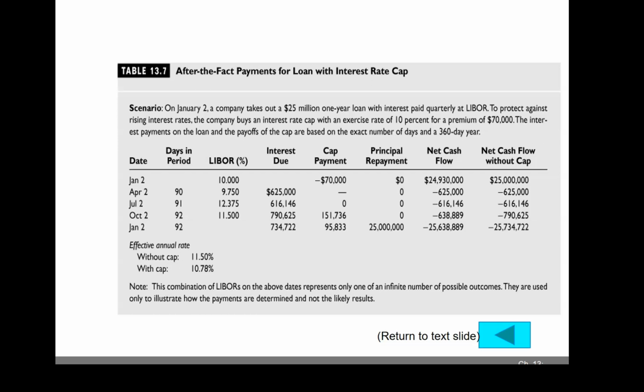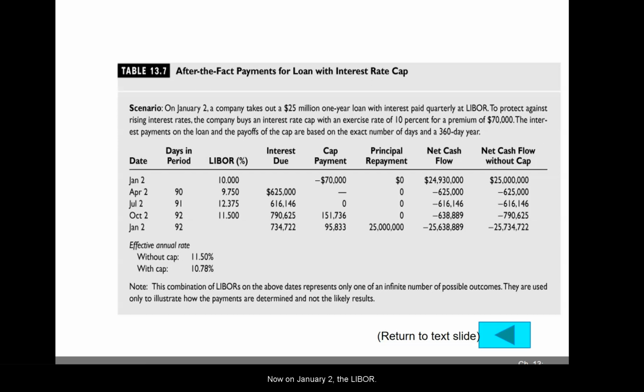Now the company needs protection against a rising interest rate because it's a payer of the LIBOR. So if interest rate rise, that means LIBOR will rise and hence borrowing will become expensive. Now, to protect against this risk, there is an interest rate cap available with an exercise rate of 10% for a premium of $70,000.